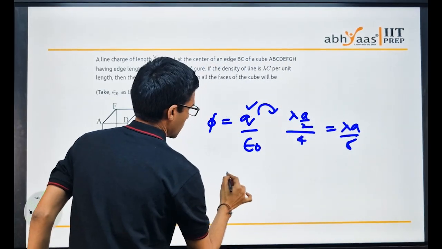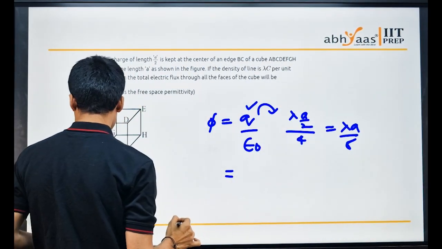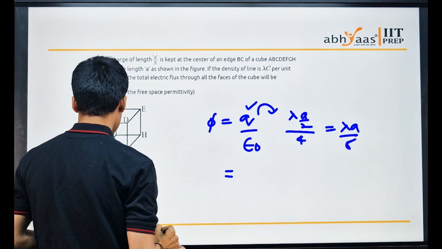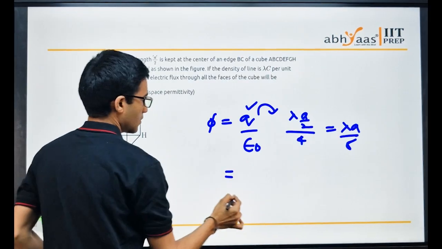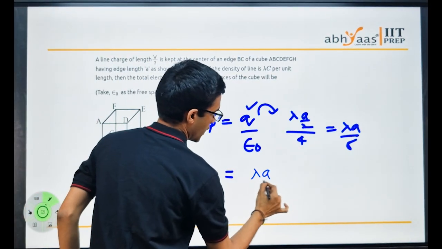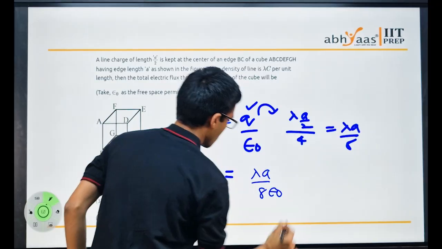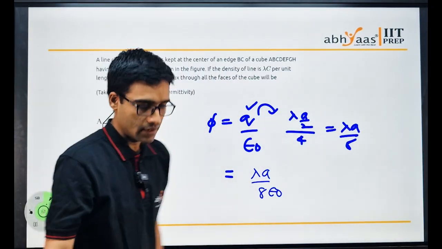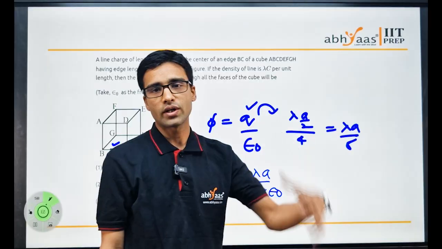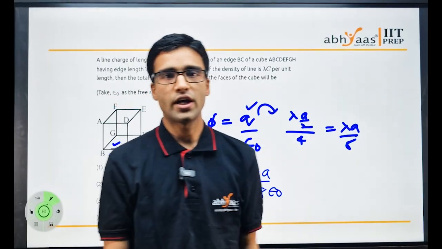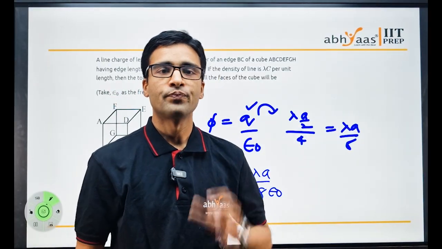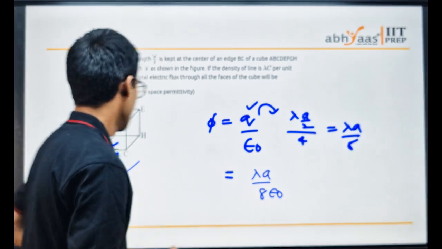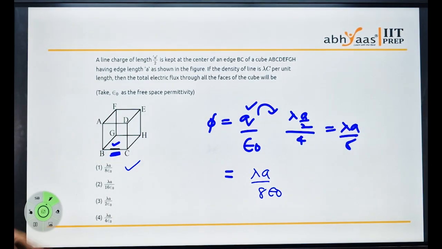So this is lambda a by 8 epsilon naught. This is the first option. Simple. Basically this is based on Gauss law, but you need to calculate the charge based on where it is located. Straight away the option is there, first option.